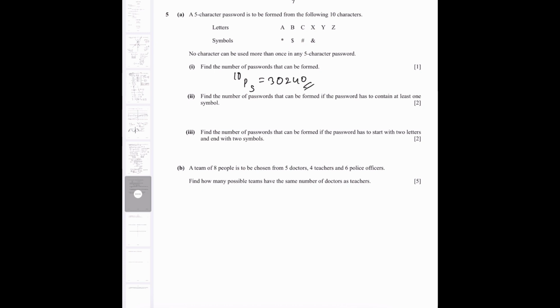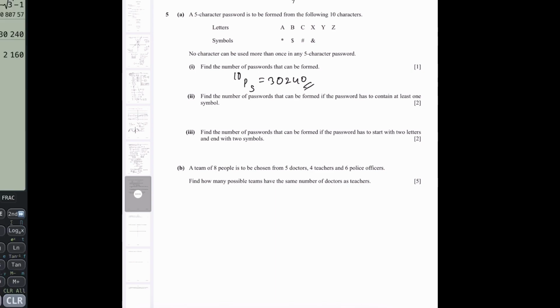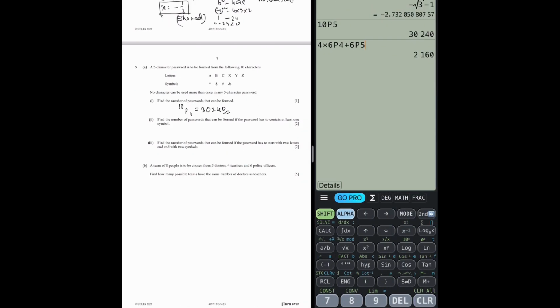Find the number of passwords that can be formed if the password has to contain at least one symbol. Without symbol, this is without symbol. This can be filled by letters only. 6P5, let me see, 6P5 is 720.